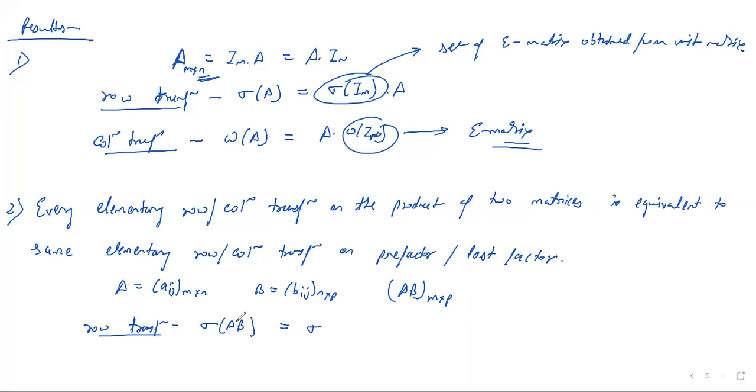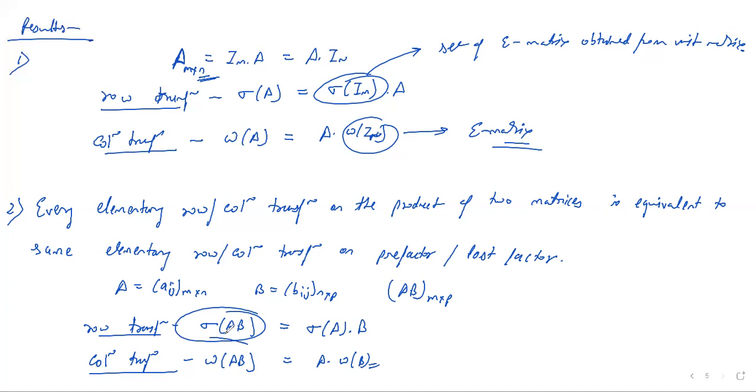That means if we apply a row transformation on the multiplication of these two matrices, it is equivalent to the same row transformation on the matrix A, multiplied by the matrix B. And if we talk about the column transformation on AB, the same column transformation is equivalent to the transformation on the post factor, that is B. So if we apply row transformation, that is equivalent to applying the same transformation on the prefactor, and if we apply column transformation, that is equivalent to applying the same transformation on the post factor.